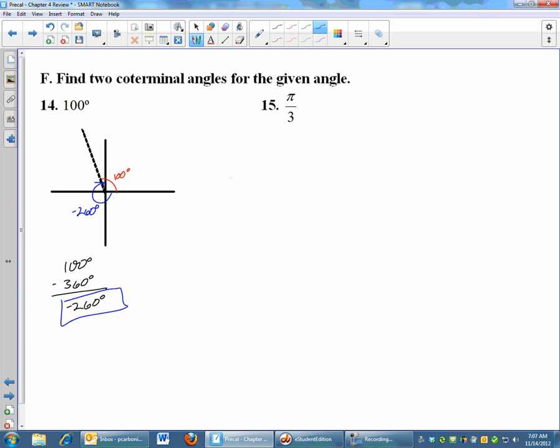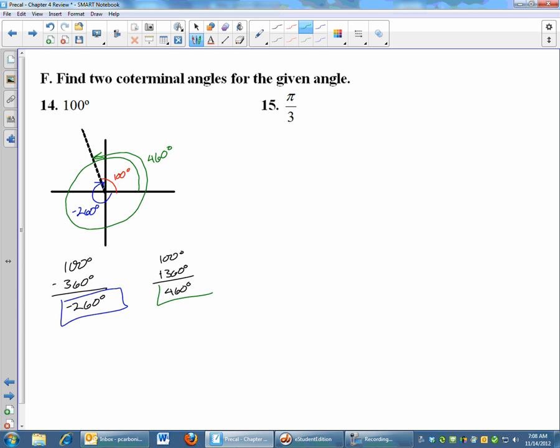So my other coterminal angle, starting at 100 degrees, I would add the whole circle. That would give me 460 degrees, and that would be the measure of the angle that went all the way around the circle and a little bit more. So that is our other coterminal angle, 460 degrees.